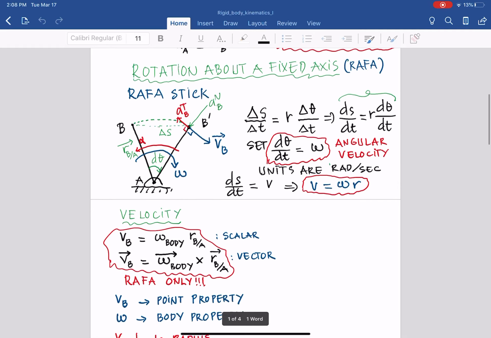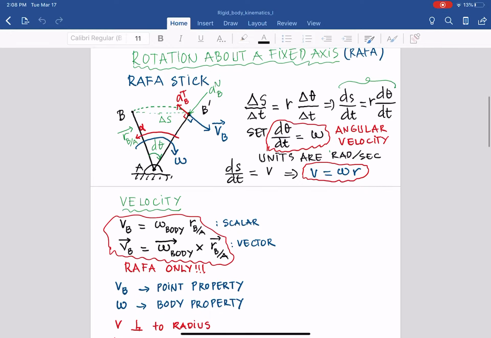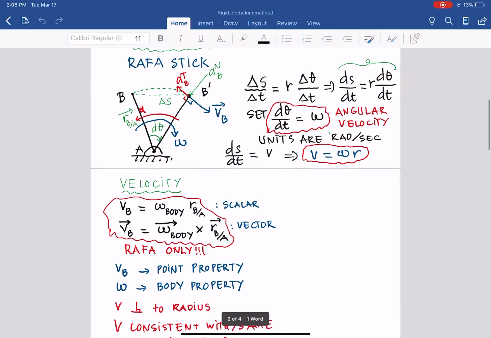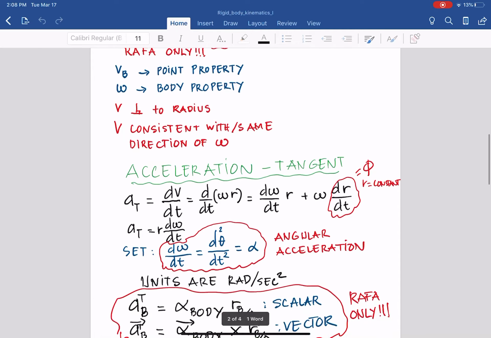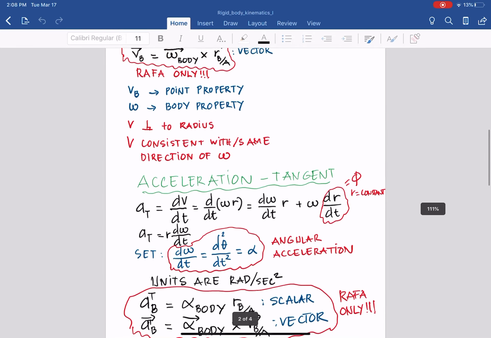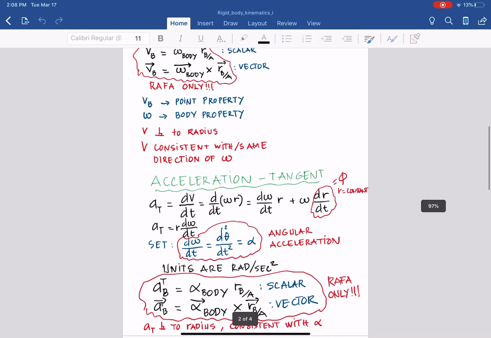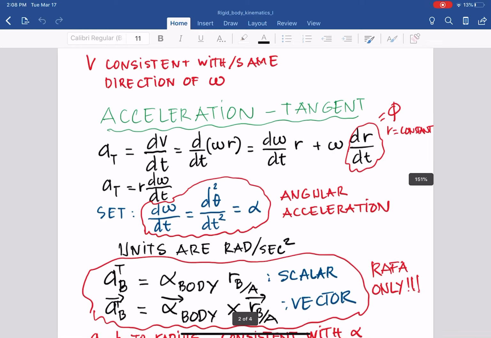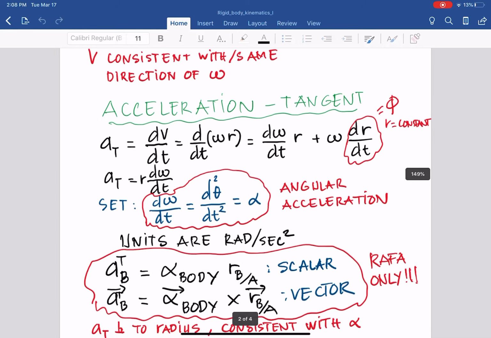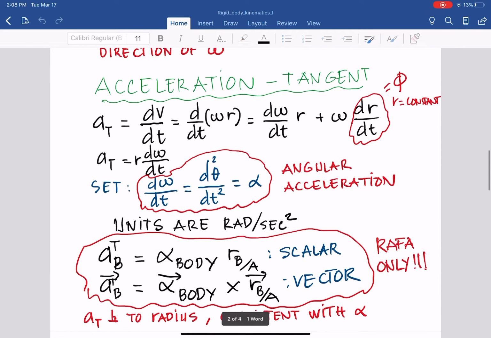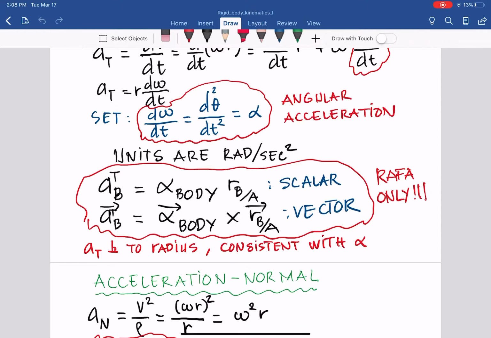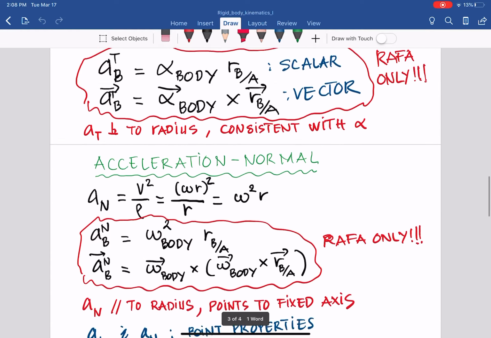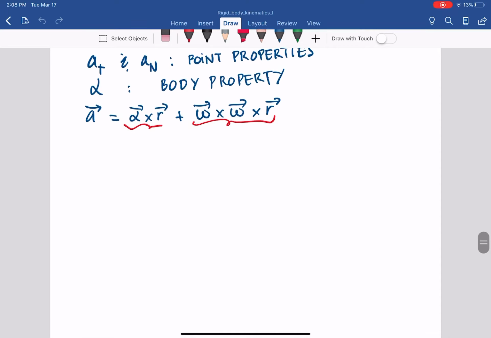And we also introduced the angular velocity concept, the angular acceleration concept, and the point properties and body properties, which is point, which is body. It's very important for you to differentiate when the problem gives us either body or point properties. So that is the last thing I'm going to talk about in today's class.